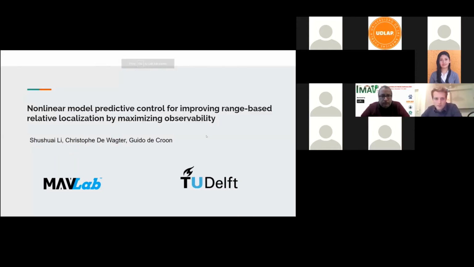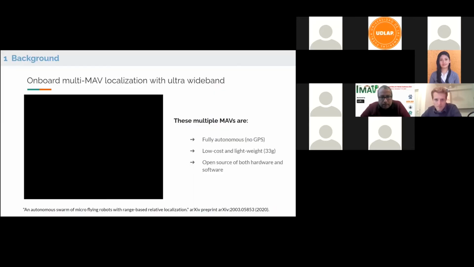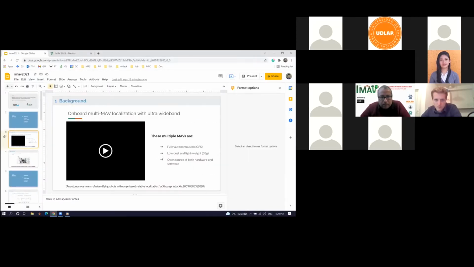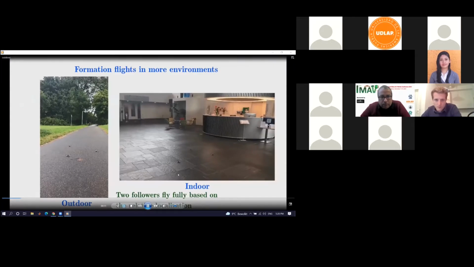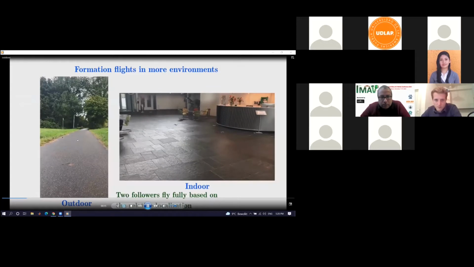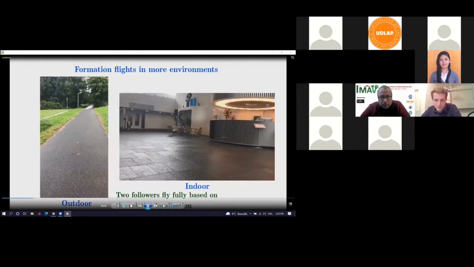It's my pleasure to give a presentation about nonlinear model predictive control for improving range-based relative localization by maximizing observability. So first, let's look at the background. Okay, so first I want to show a video. So we designed an autonomous swarm of micro air vehicles that use onboard relative localization to do the swarm flights.